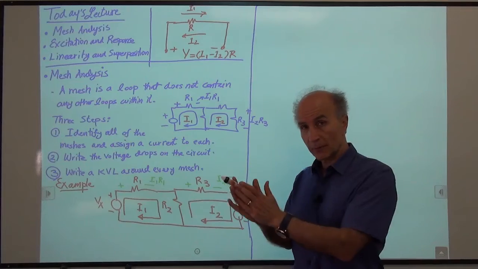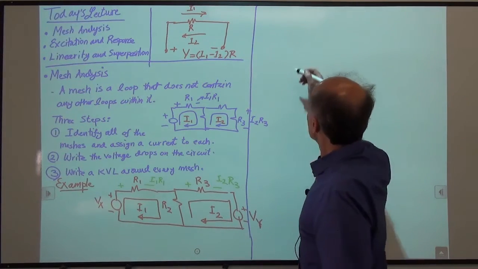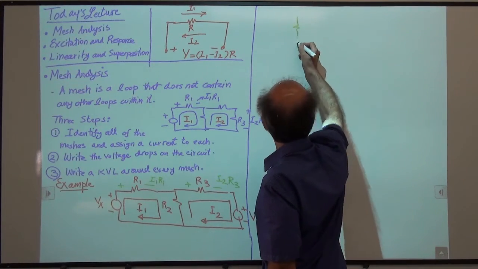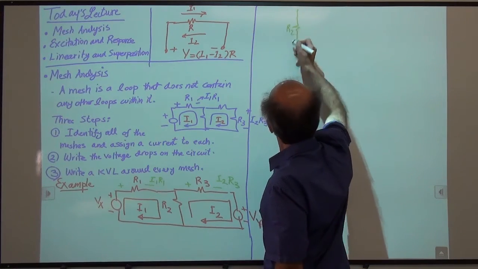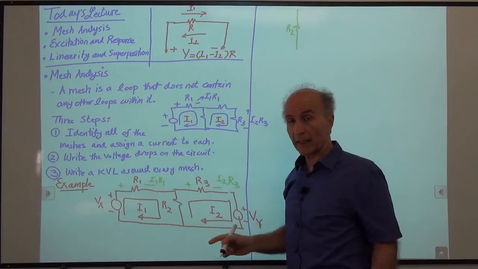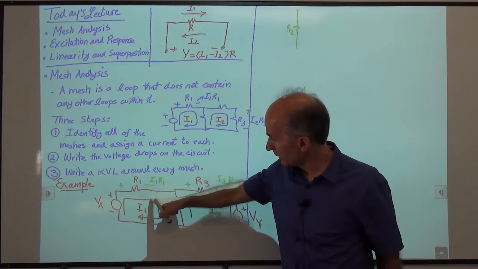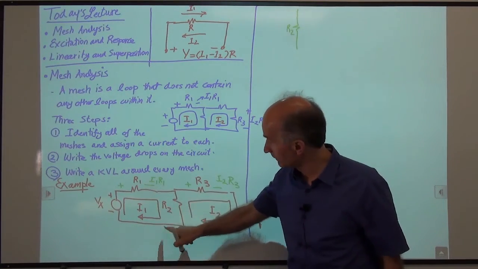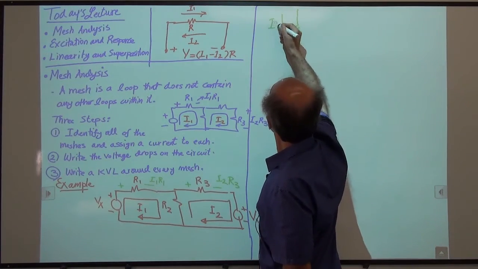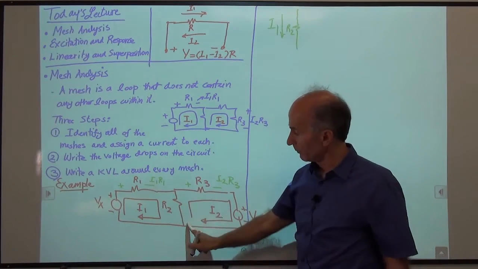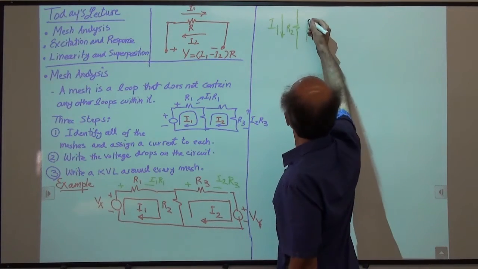So let me draw R2 separately and see what's going on. So here's the situation with R2. That's R2, and R2 in this scenario carries two currents. I1 is flowing from top to bottom, so I1 is going this way. And I2 is going from bottom to top, so I2 is going this way.